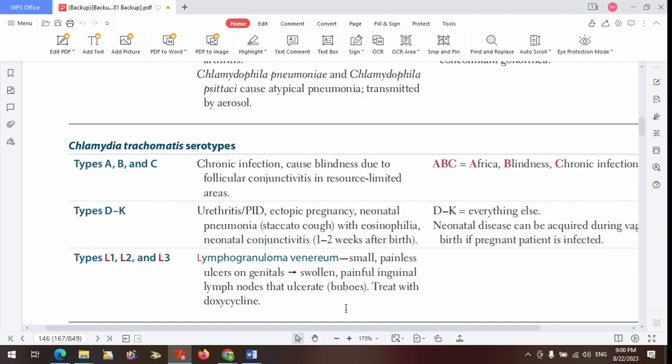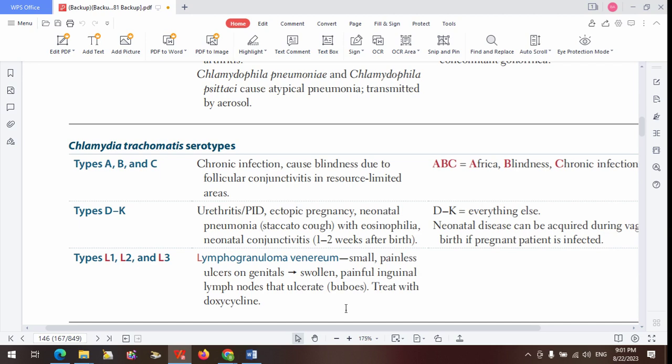So once you see painful inguinal lymph nodes that ulcerate, and there's an associated painless ulcer, please don't let us mix it up. The ulcer on the genital tract, the penis, is painless, but the lymph nodes are painful. That is lymphogranuloma venereum, which is caused by the L1, L2, L3 serotypes of Chlamydia trachomatis.